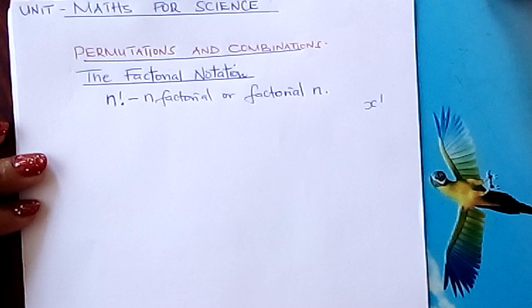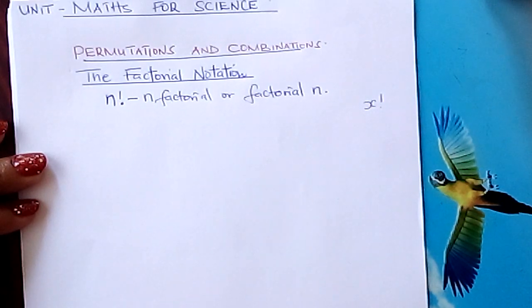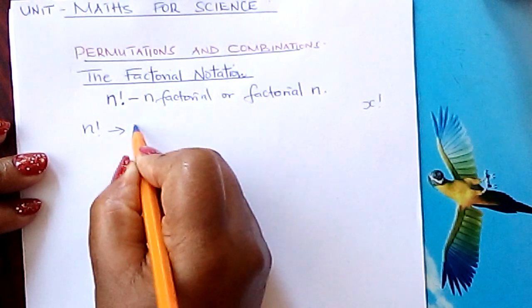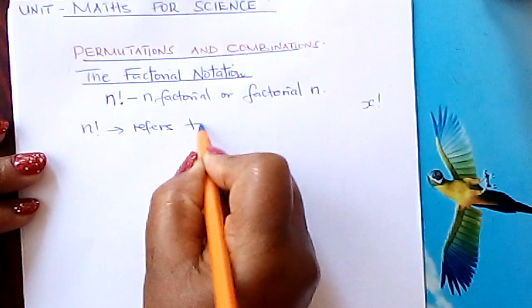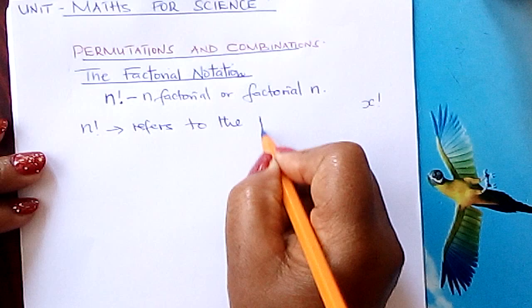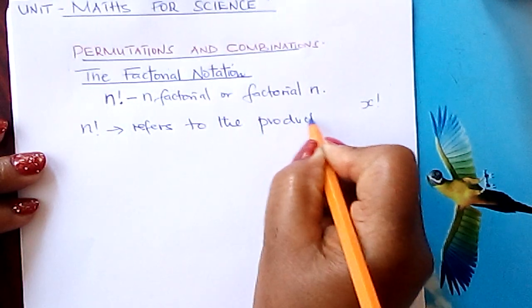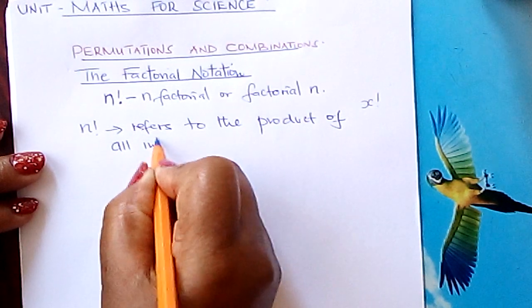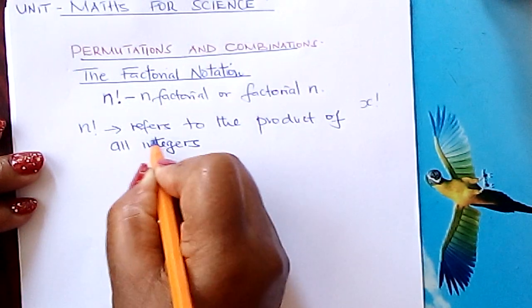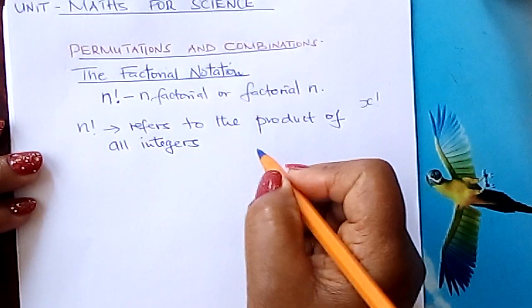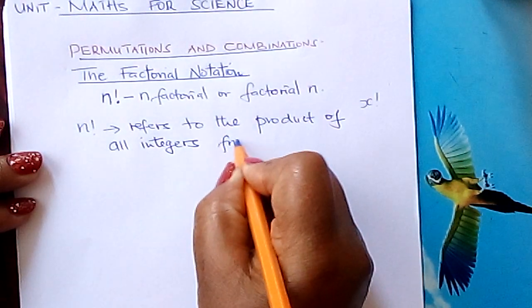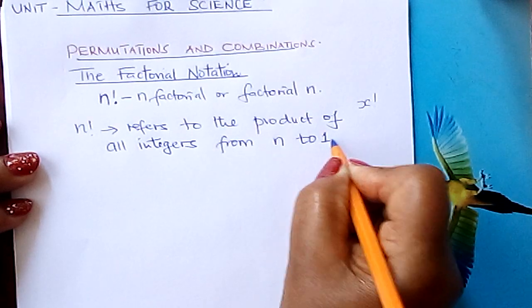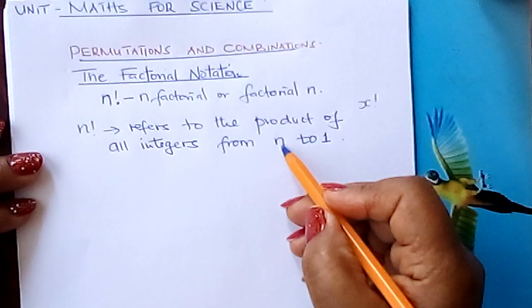Learner, what does factorial n refer to? n factorial refers to the product, the multiplication, of all the integers from n all the way to 1. What do I mean by this?